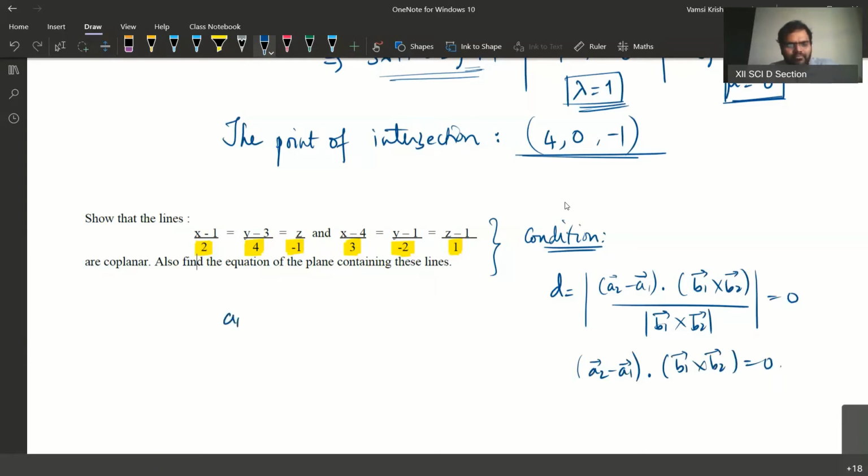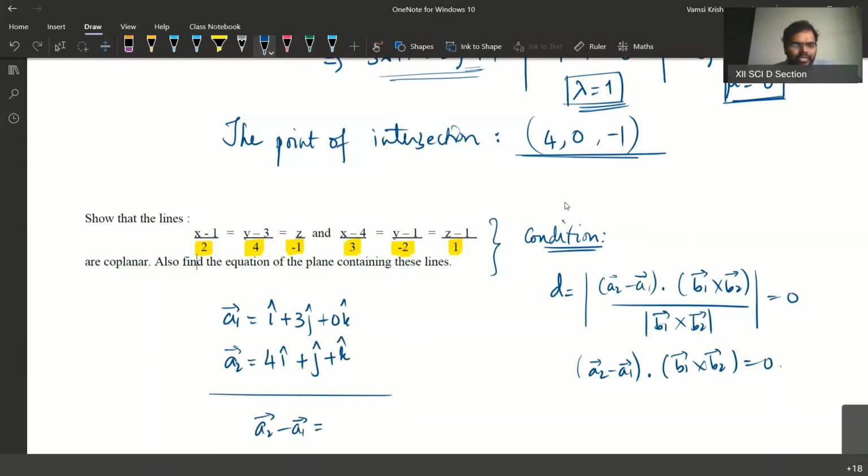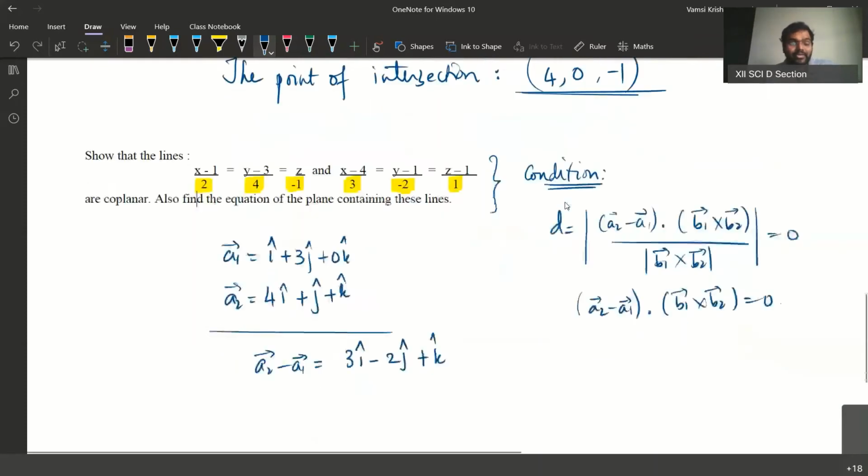Here the A1 vector is i + 3j + 0k, and the A2 vector is 4i + j + k. From these two, A2 minus A1 will be 3i minus 2j plus k.